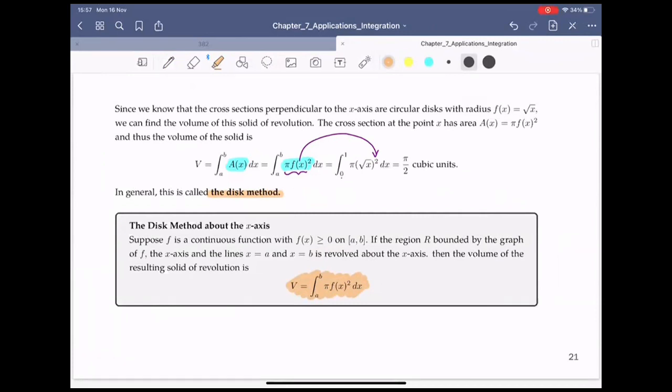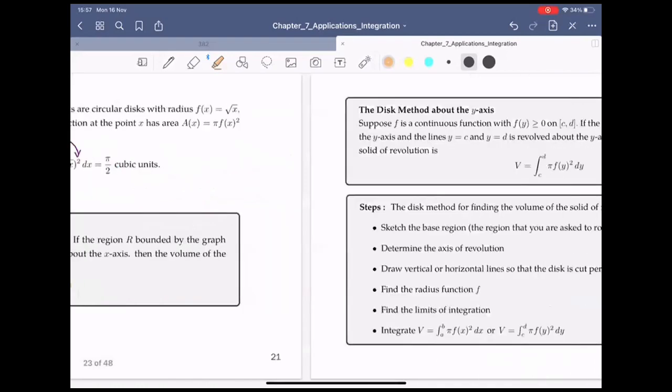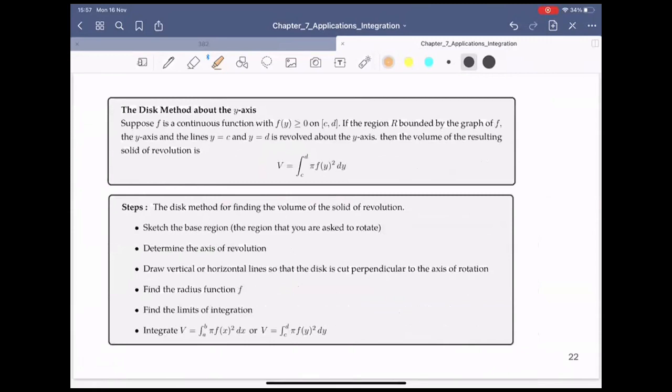If you understand the idea behind it, you don't have to memorize the formula, because you always know that you can compute the cross-sectional area by computing the area of a circle. Easy. Before we start doing some examples, keep in mind that you can do this for the y-axis as well. For the y-axis, you integrate from c to d of pi f(y) squared dy.